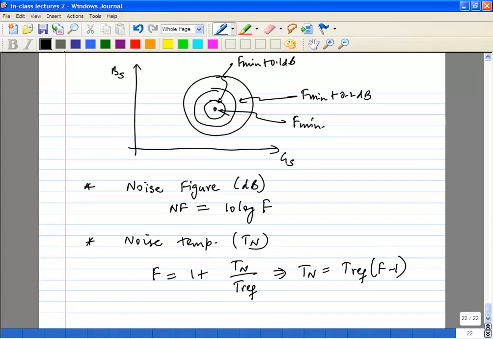You increase it by enough temperature such that you no longer have to use En and In. Those noises are incorporated inside Ys itself through an increase in temperature.